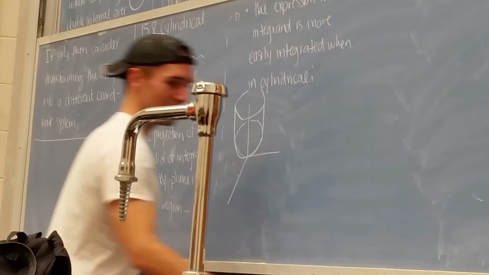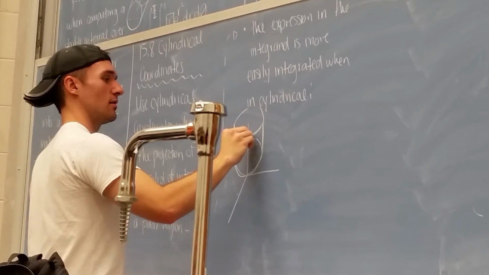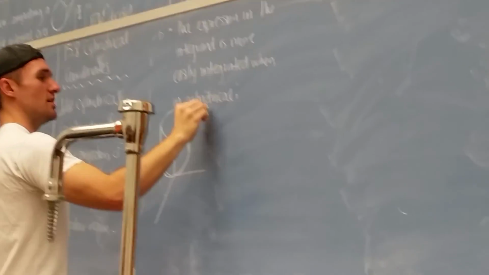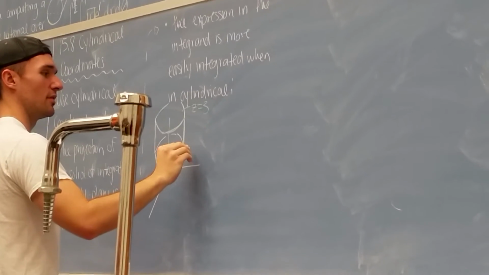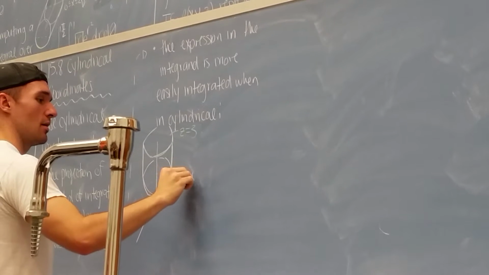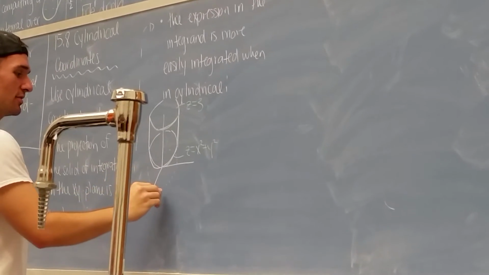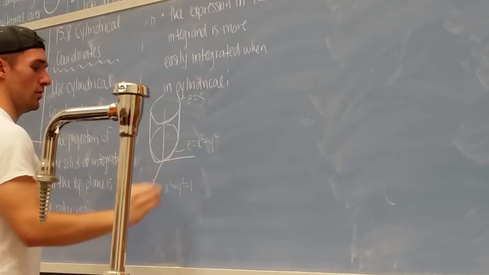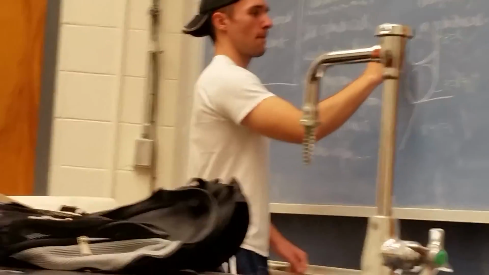So maybe our solid E is this guy located where x squared plus y squared is 1.